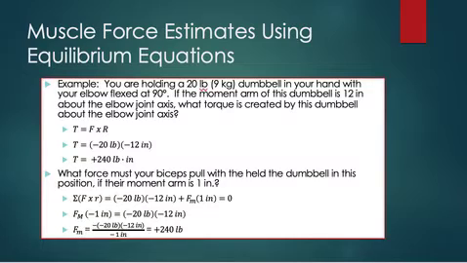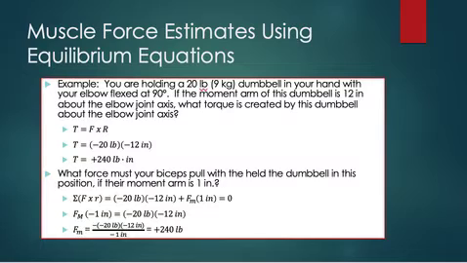To hold up this dumbbell, your elbow flexors must create a clockwise torque equal to the counterclockwise torque created by the dumbbell. If the moment arm of these muscles is 1 inch, what force must they pull with to hold the dumbbell in the position described? Because the forearm must be in static equilibrium, the problem is solved as follows.